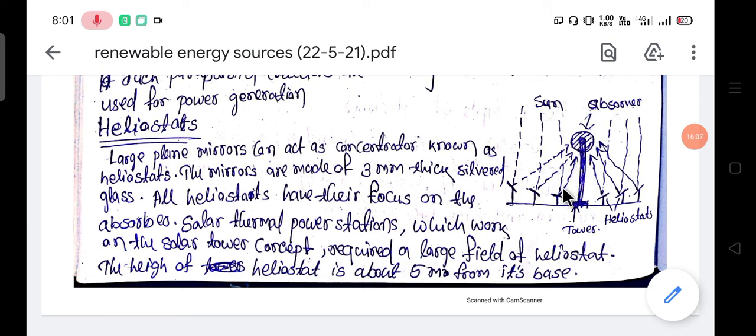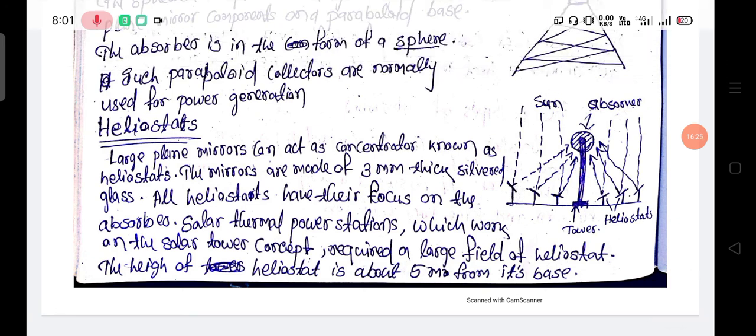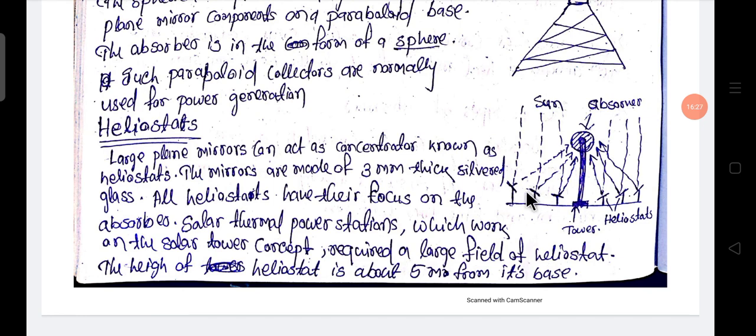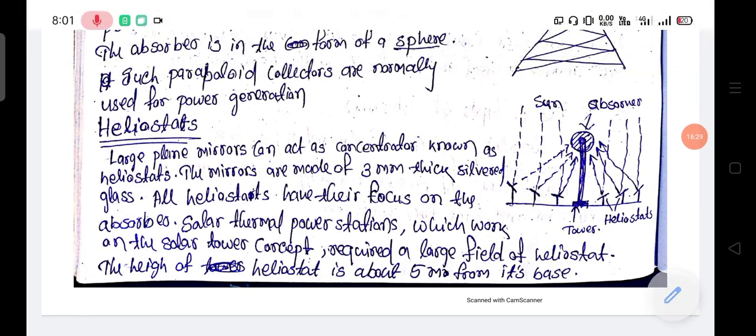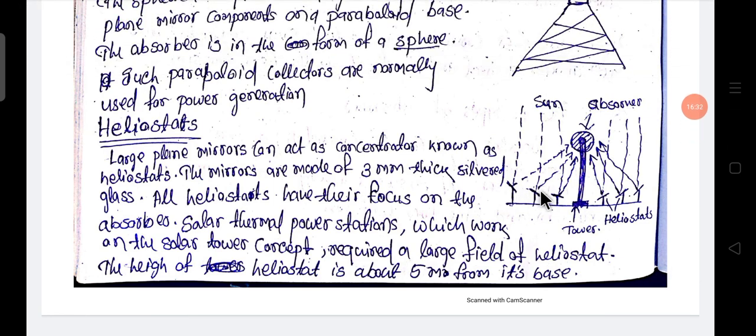All the heliostats are facing towards the absorber, and when the sun rays fall on the heliostats, they reflect those sun rays to the absorber.